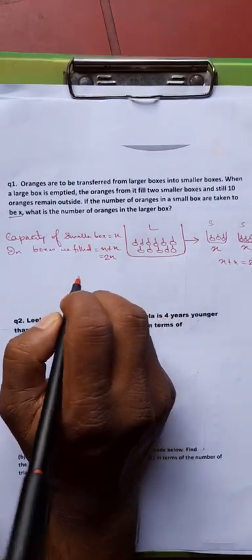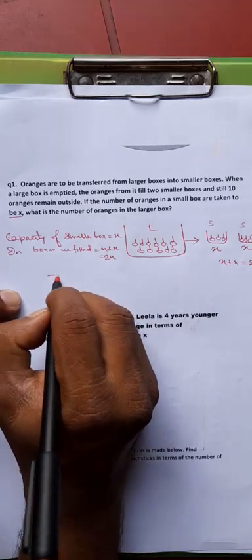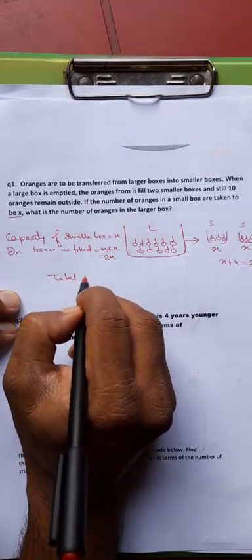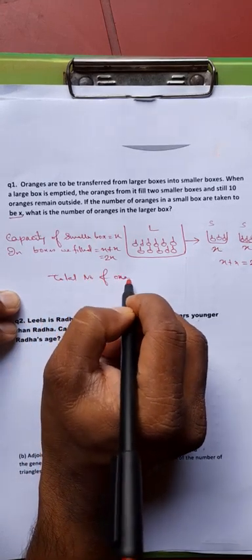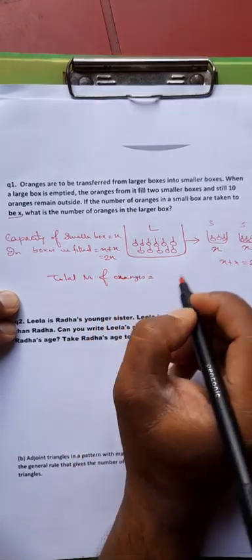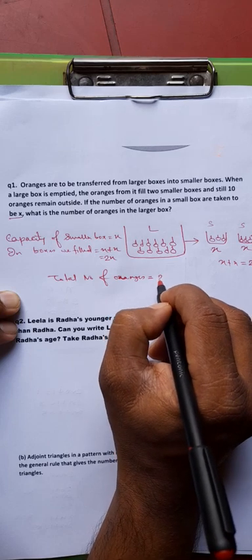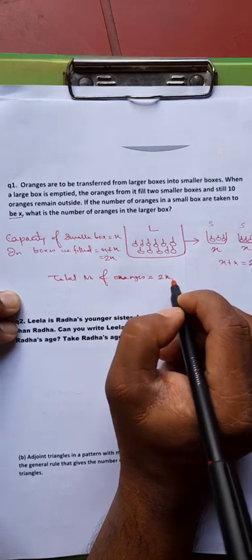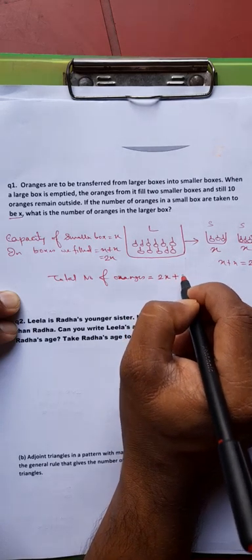So what is the total number of oranges? Total number of oranges is equal to the number of oranges in the smaller boxes, twice x, plus the number of oranges remaining outside, 10.